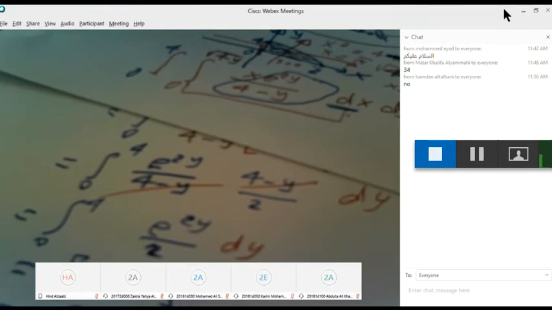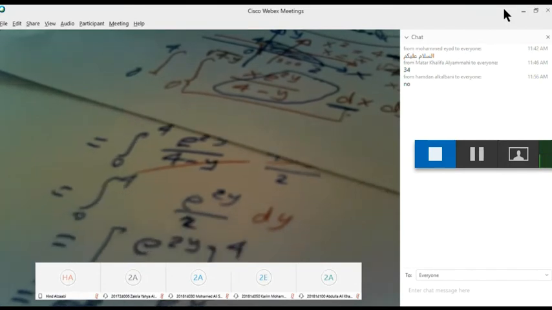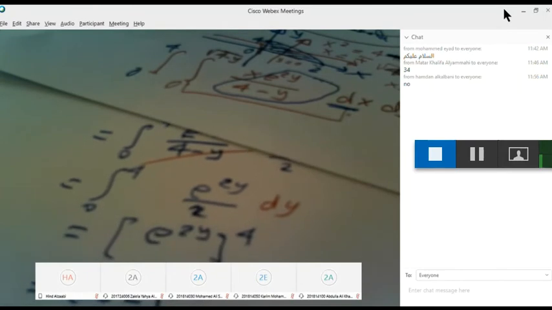Don't forget to substitute the upper bound first, y equal to 4, minus the substitution of the lower bound, which is 0. So you have e to the 8, because y is 4, 4 times 2 is 8, minus e to the power 0, which will be 1.